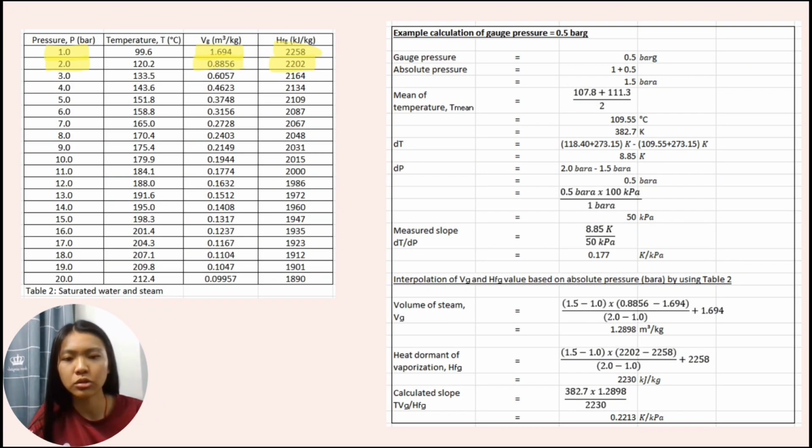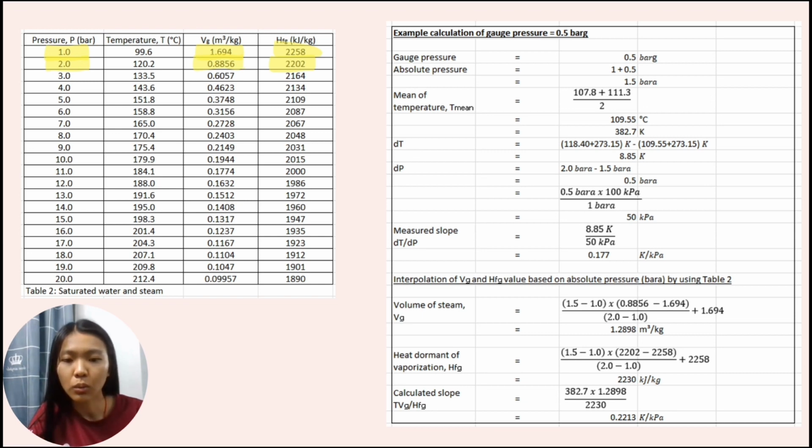Interpolation of Vg and HFG value based on the 1.5 bar absolute pressure by using Table 2. We can see the 1.5 bar absolute is in between 1.0 and 2.0.